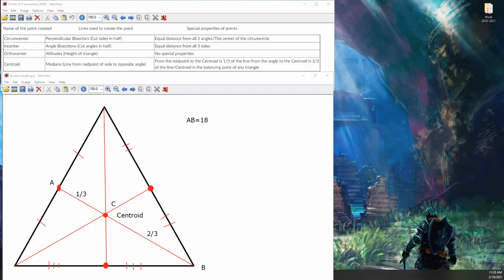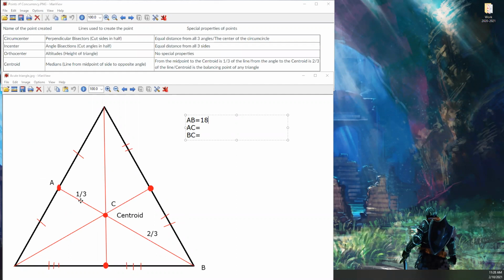Centroid C. So if AB equals 18, let's say we want to find AC, and we want to find BC. We want to find the smaller parts of the whole thing. AB is the entire thing here. We want to find from here to here, so from A to C. Then we want to find from B to C.